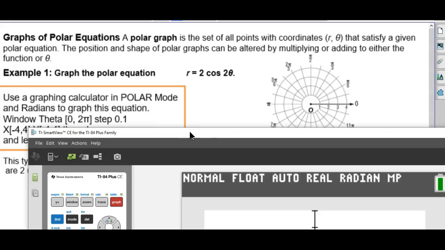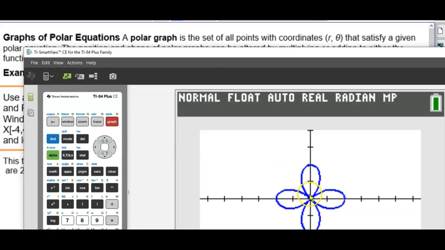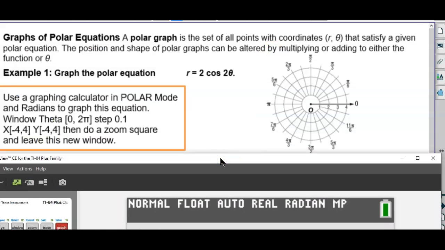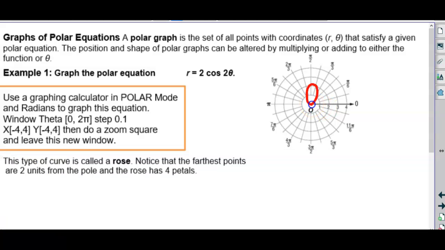Now what you should notice is that these go out 2. That's actually the number in front stretching the petals up to 2. And the second thing you should notice, the 2 actually tells you there's going to be 4 petals, and that's on your sheet.